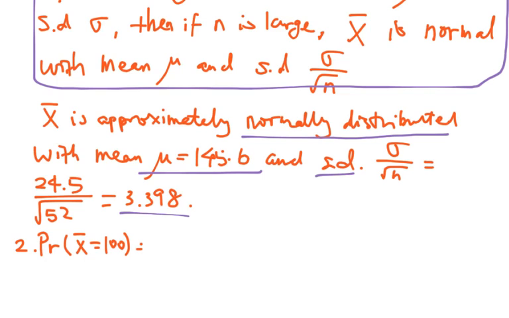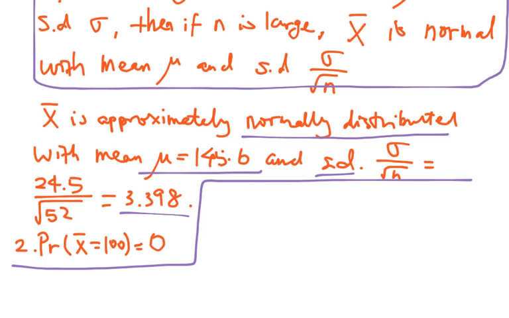But remember that x bar has normal distribution, and the normal distribution is a continuous random variable. Then, by your previous knowledge of a continuous random variable, the probability of observing a single value is always 0. That means the probability of x bar equal to 100 is equal to 0. And this is the second part of this problem.